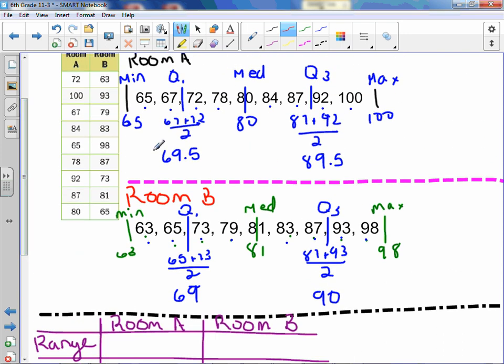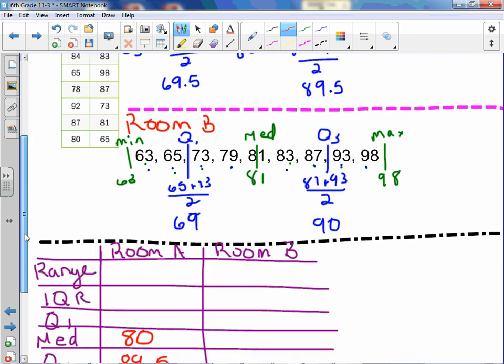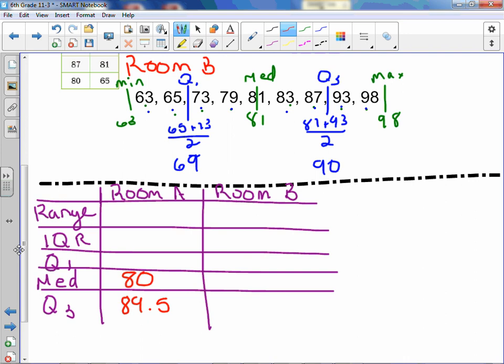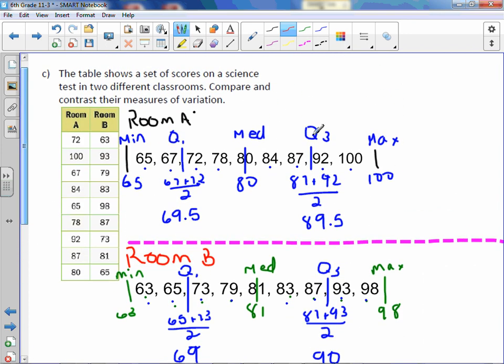Quartile 1 is 69.5. To find our range and interquartile range, let's do that up here. Our range would be 100 minus 65, which is 35. This is our range.